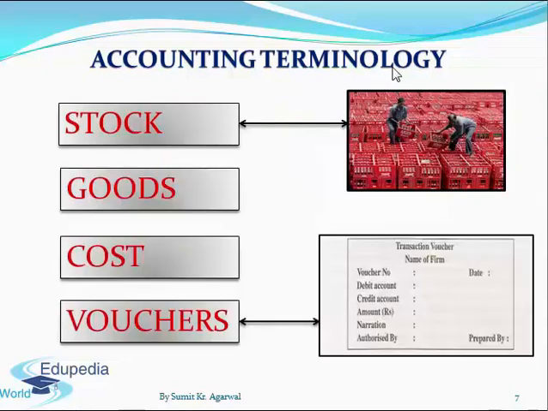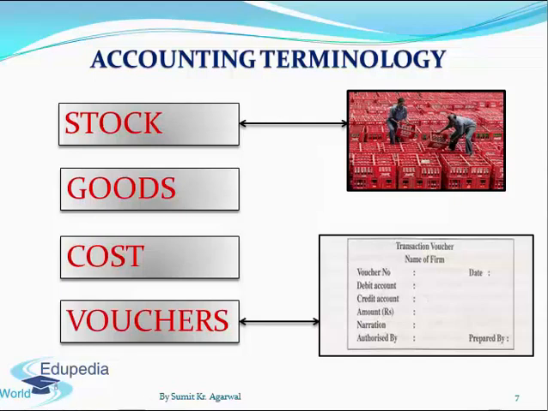Now let's understand goods first. Goods means the product in which a business deals, something which it is producing and selling, or in a trading business it is buying and selling. It does not include something which a business buys to be used in the business.